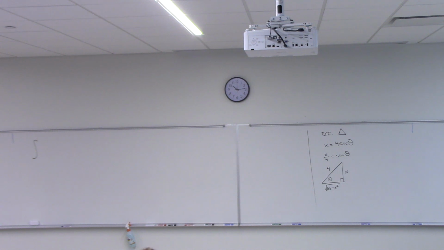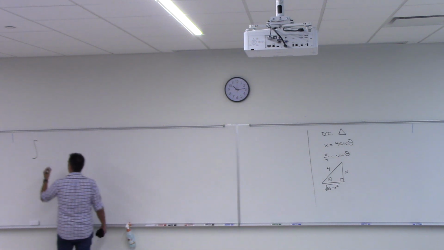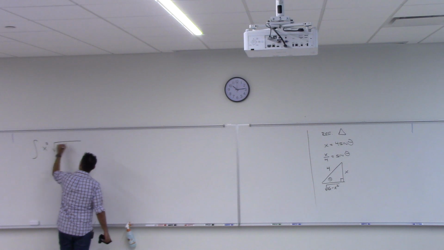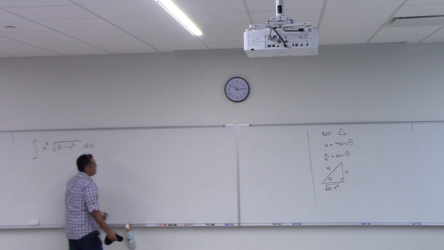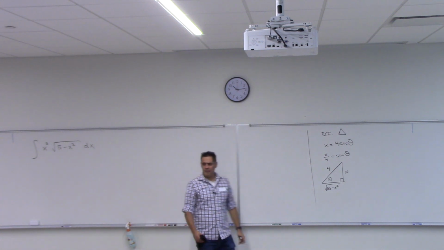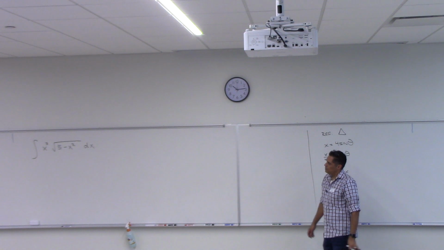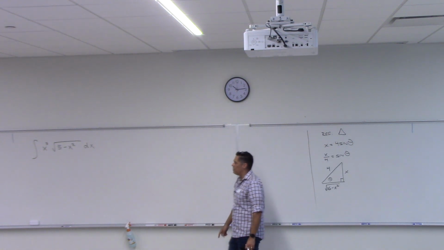Let's do this one. Very similar to the problem we just did. I'm going to make a small tweak to it just for fun. Let's go ahead and make that a 5 minus x squared, just to see how having a number that's not a perfect square in there affects things. Now, I will say this might actually go with a basic u-sub.